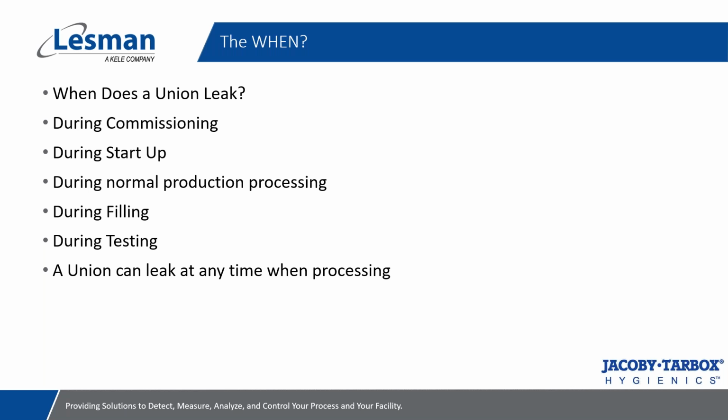If the process is running, there can be a leak. So when we talk about the when, we're really saying it's ever present. If that suite or that process is working, you have the potential for a leak.